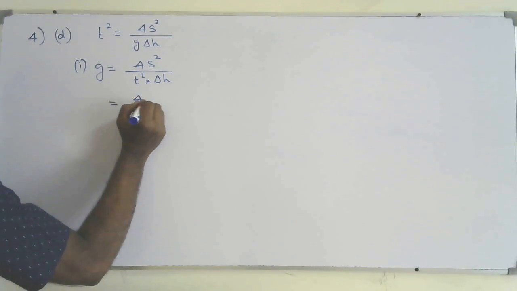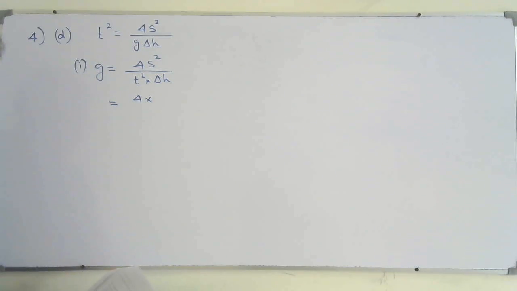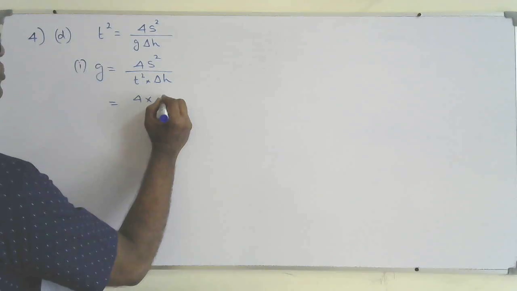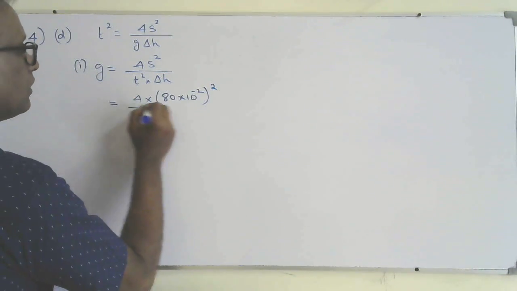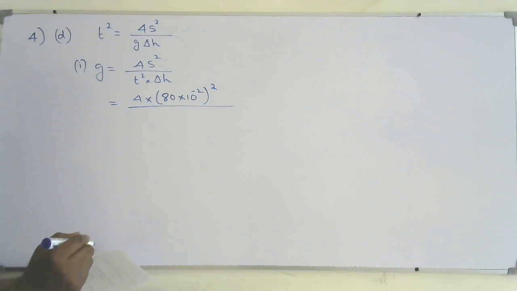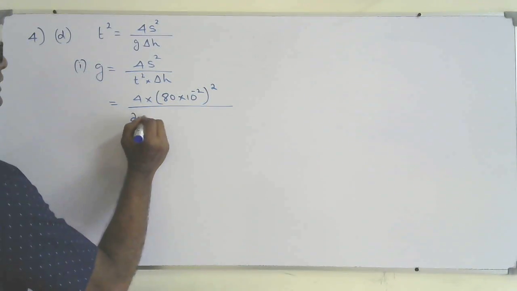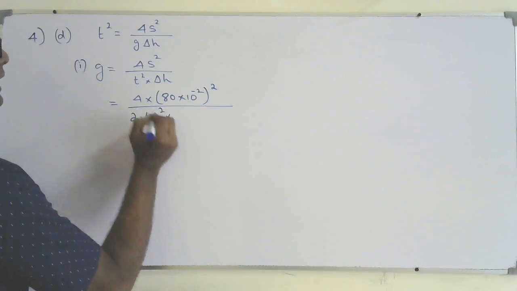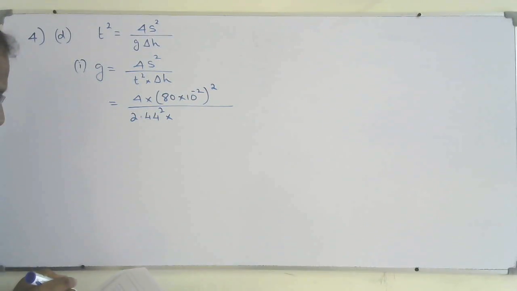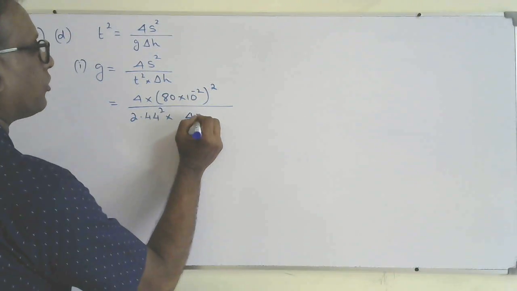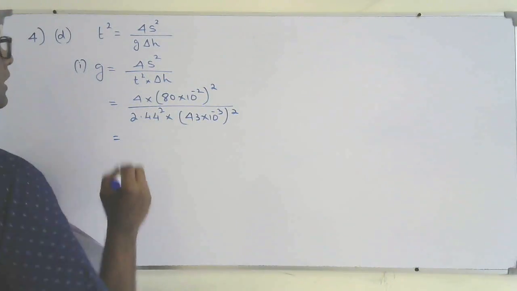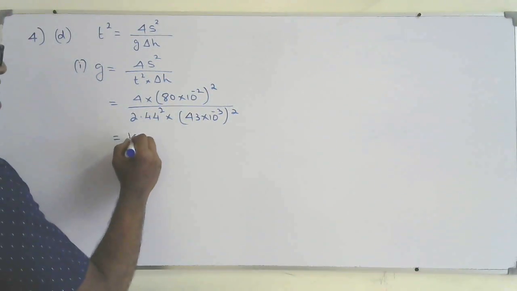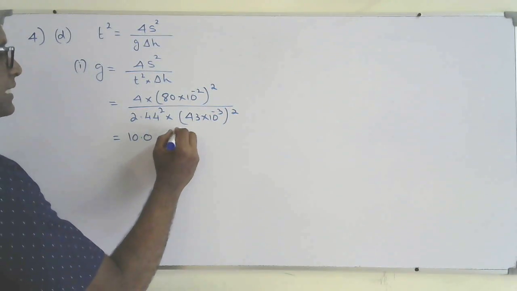Substitute, all the values are given. 4 into s, which is given as 80 centimeters, convert to meters: 80 into 10 to the power minus 2, all squared, over t squared, given in seconds, so 2.44 squared, into delta h, given in millimeters, convert to meters, so 43 into 10 to the power minus 3. Solve it and you will get the answer. Give it in 3 SF: 10.0 meters per second squared.